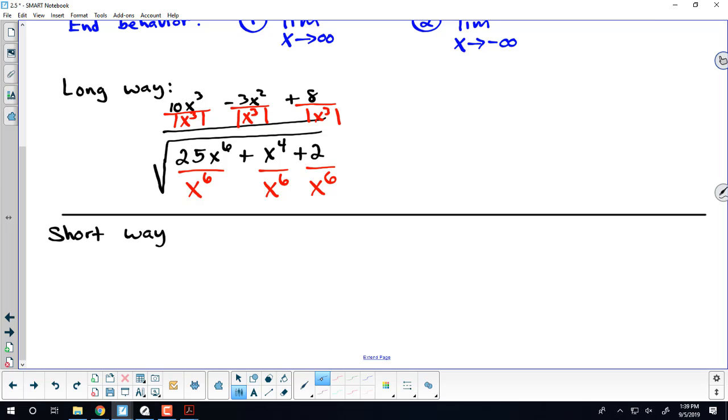We have to be careful, but we'll do both of these the short way. So the limit as x approaches infinity. I'm just going to rewrite the function and then talk about what's happening.